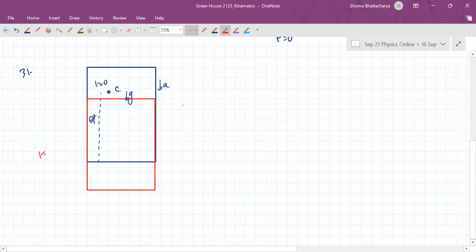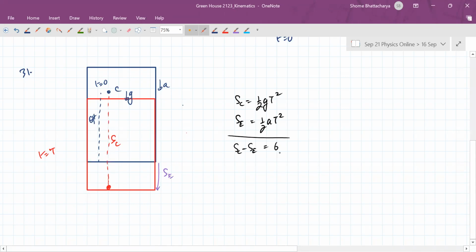So at some time t, the coin has reached here. This is the displacement of the coin, and during that time, this is the displacement of the elevator. So the displacement of the coin will be equal to half g t square. Displacement of the elevator is half a t square, and the difference of the two is equal to 6 feet.